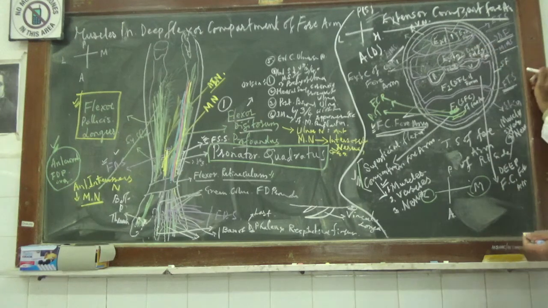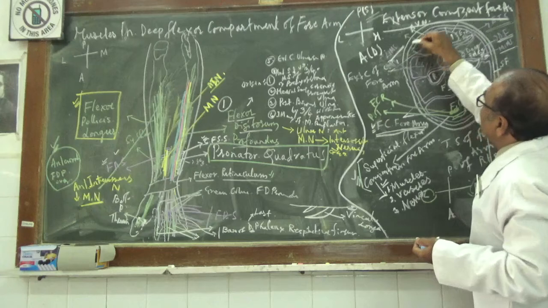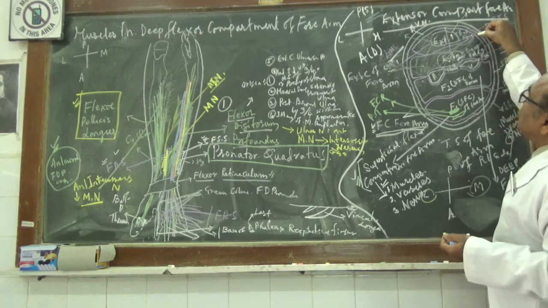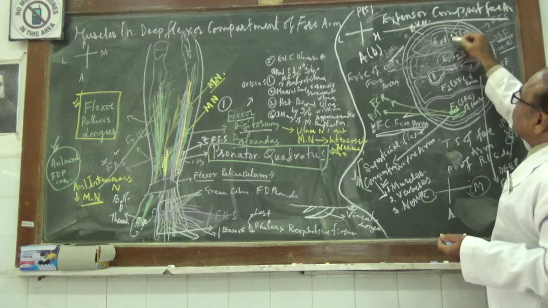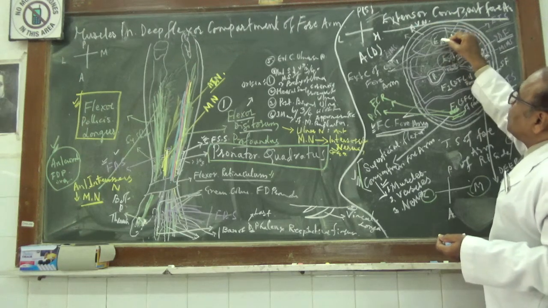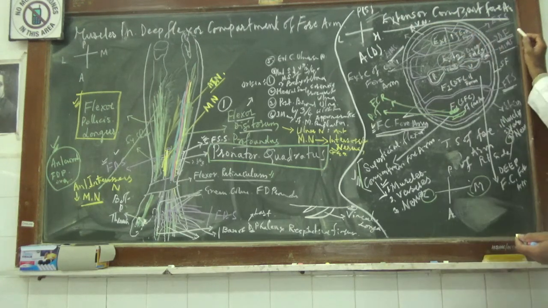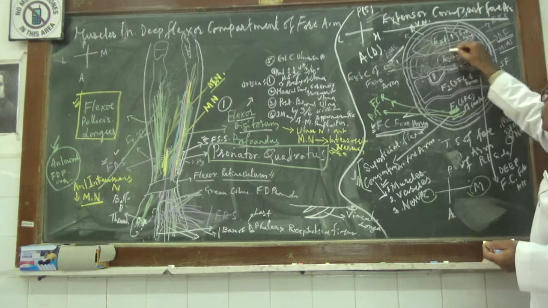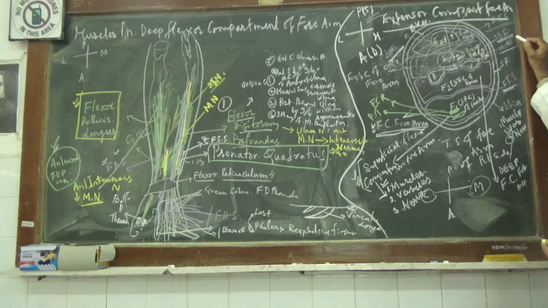Then you will have the deep extensor compartment of the forearm. The deep extensor compartment of the forearm is that compartment which is present superficially, I mean posteriorly, completely covered by the skin, superficial fascia, deep fascia, as well as the contents of the superficial extensor compartment of the forearm and the extensor transversalis fasciae.